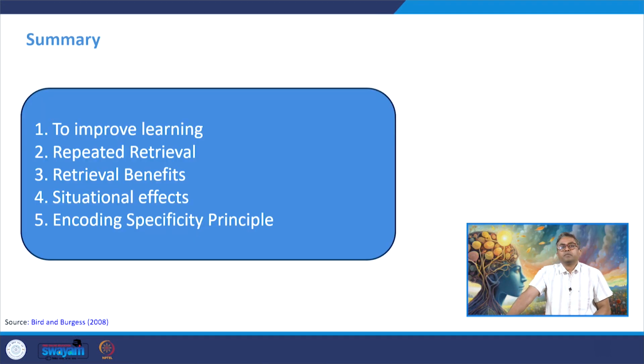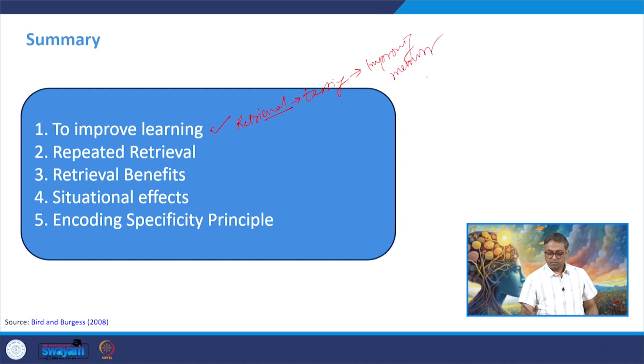So, what did we study? That retrieval improves learning. When there is a retrieval trial, retrieval leads to testing, and testing leads to improving of memory. The more tests there are, the better the retrieval is.